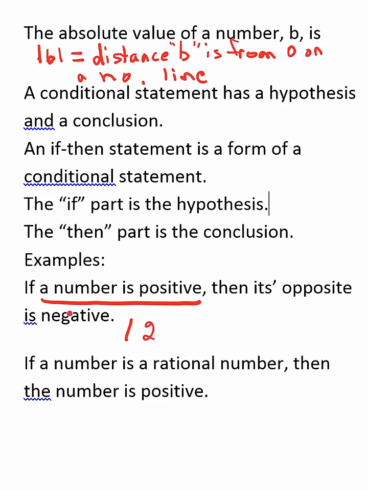Then its opposite is negative, and the opposite of 12 would be negative 12. And it wouldn't matter what positive number we pick, its opposite is always going to be negative. So this conditional statement would be true.